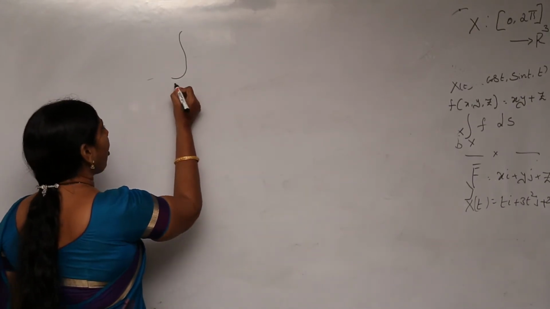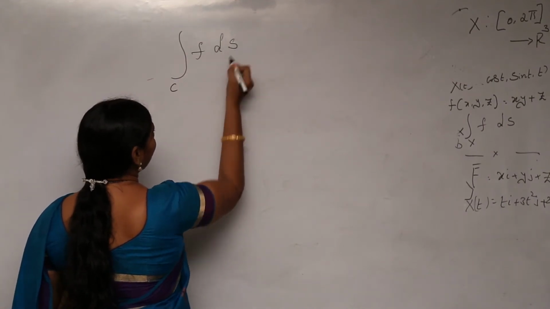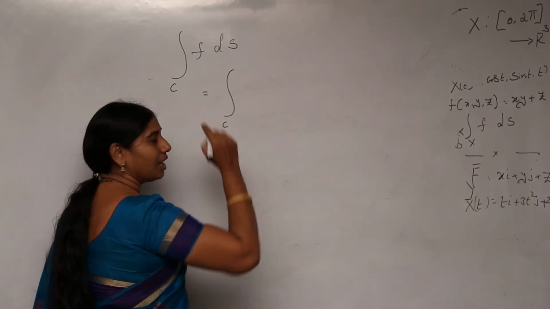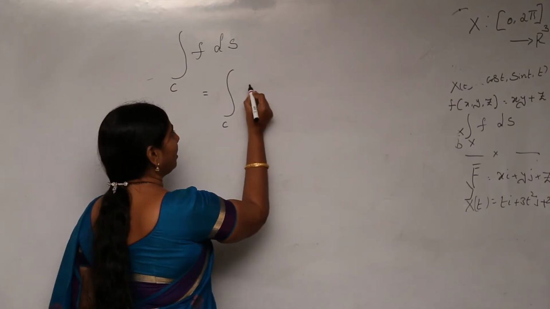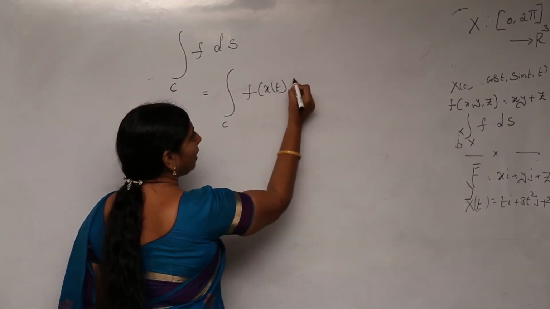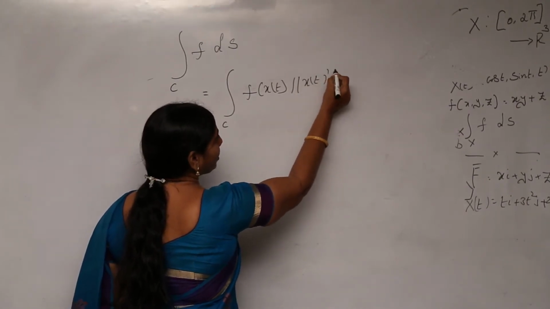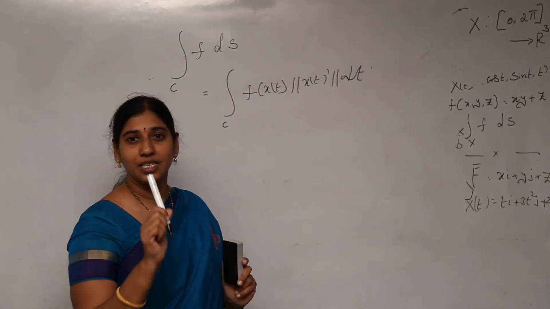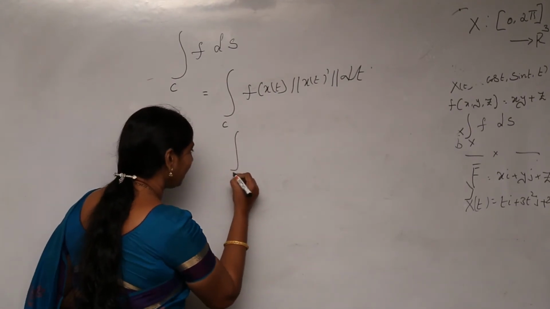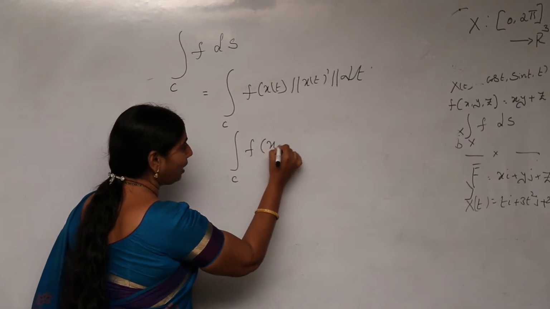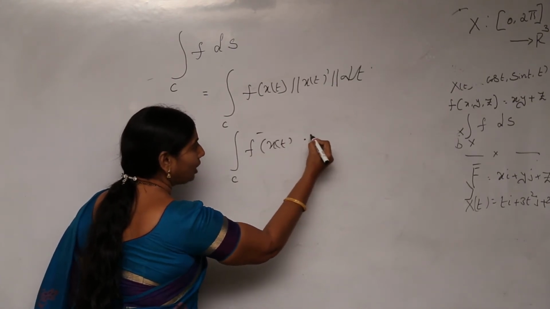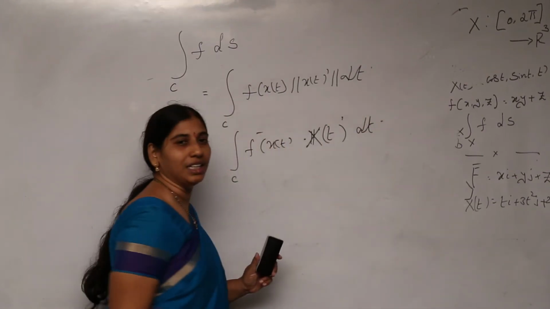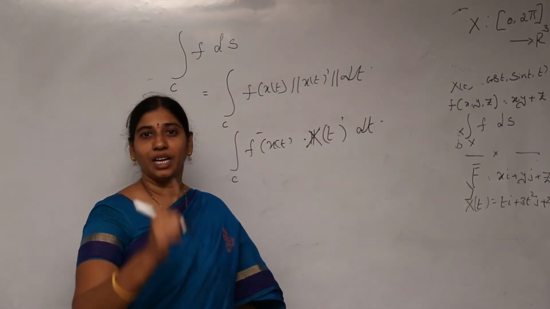Say the line integral along the curve C of f ds: in general, if f is a function of a single variable, then the integral of f of x(t) times norm of x'(t) dt is called the scalar line integral, and the integral along the curve C of f bar of x(t) dot norm x'(t) dt is called a vector line integral.